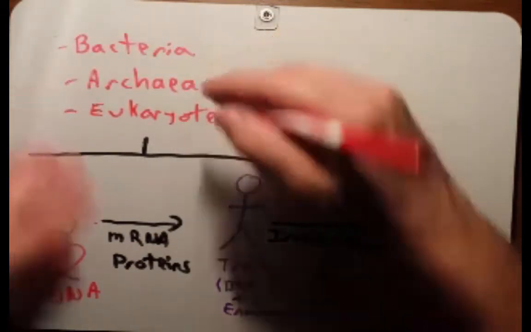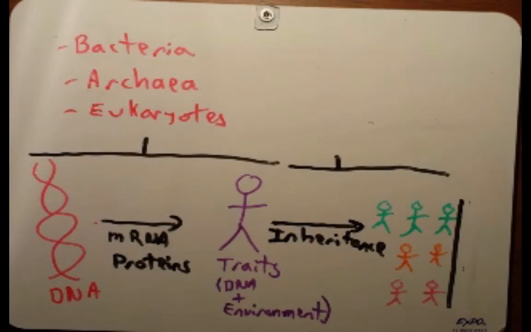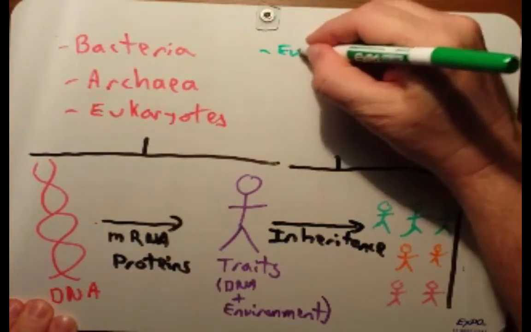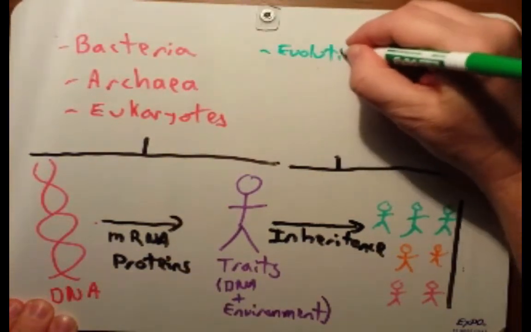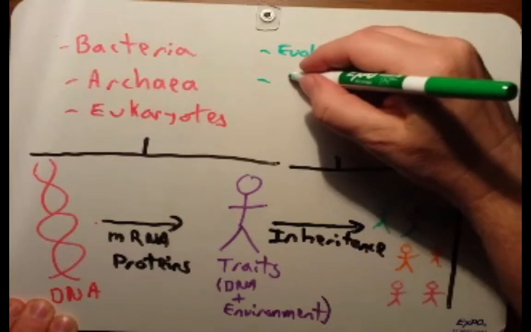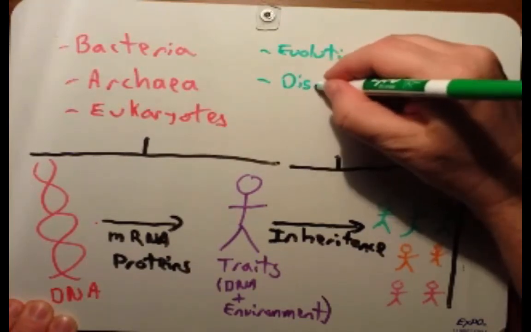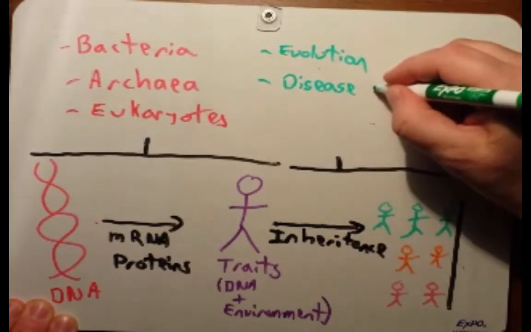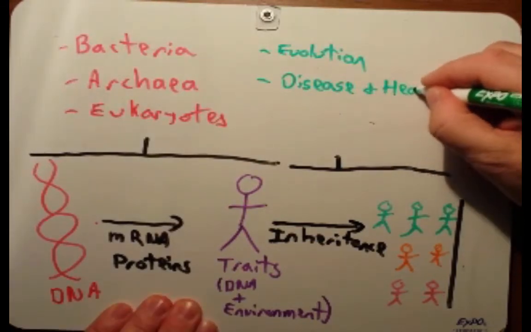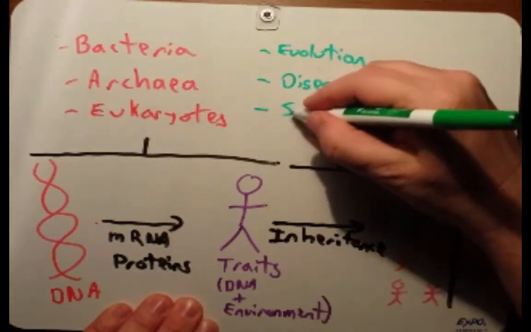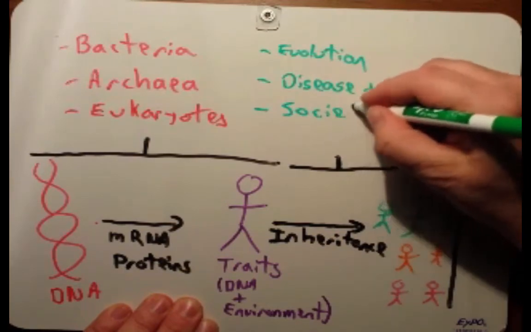We don't know as much about archaea, but we will touch on that when we can. We'll also talk about genetics in relation to evolution, disease and health, and how this all affects society.